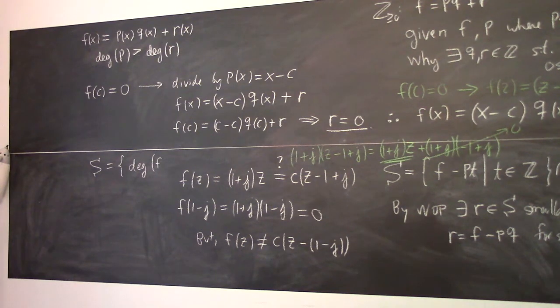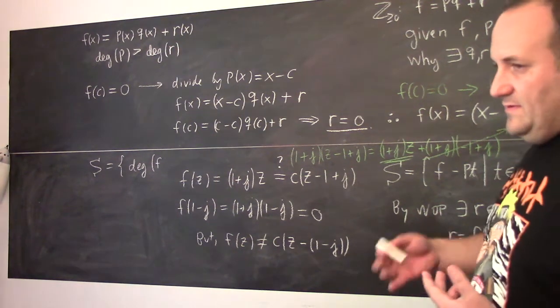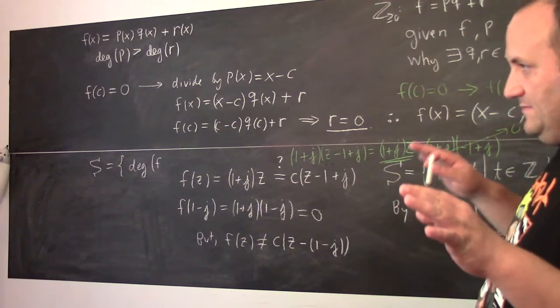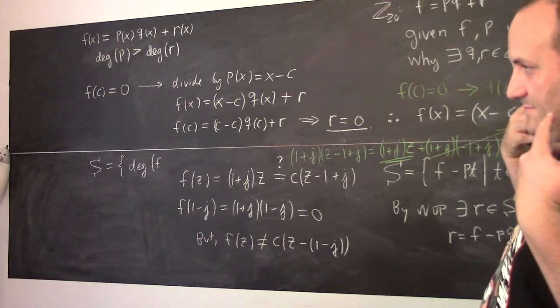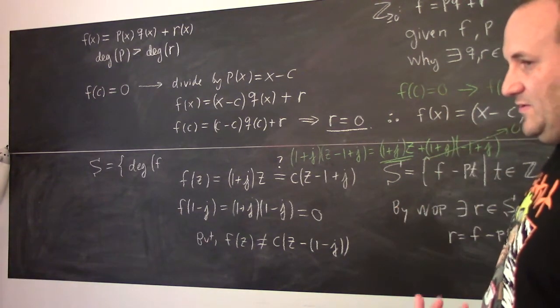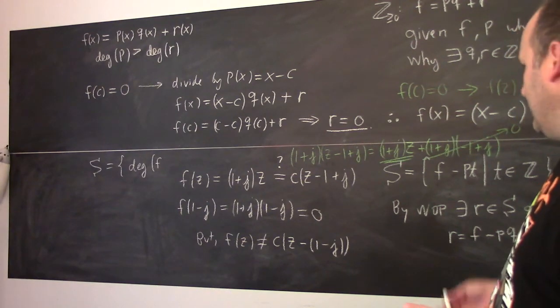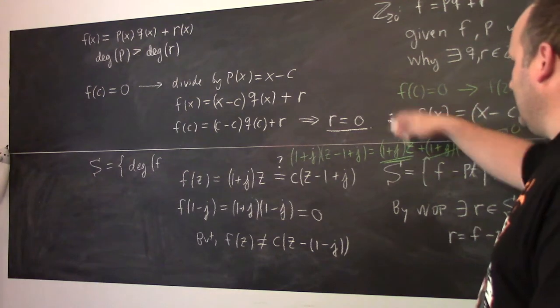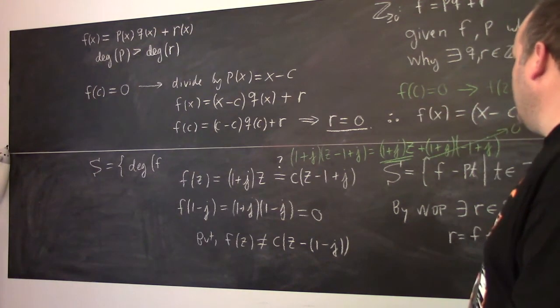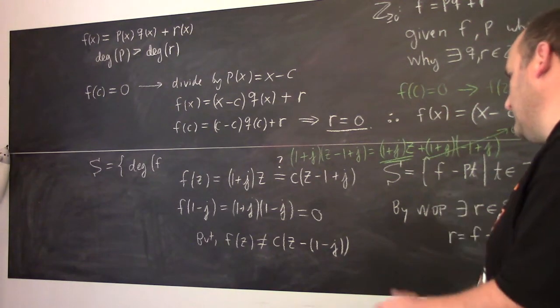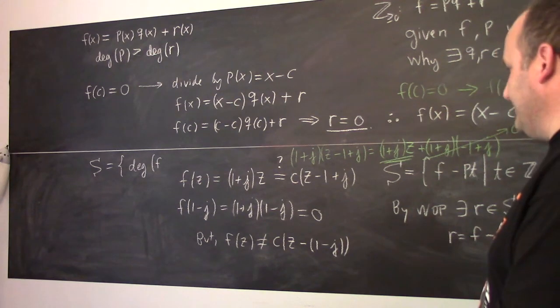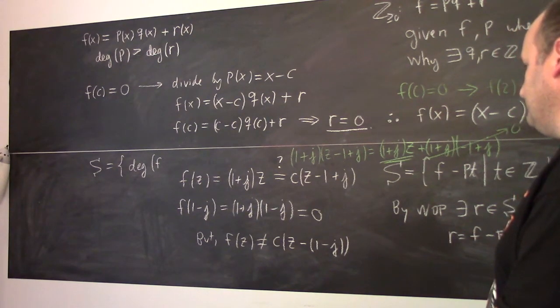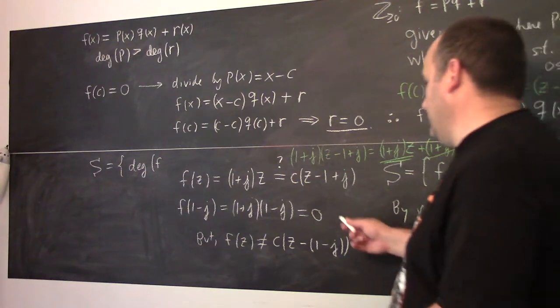If this was going to cast doubt upon the factor theorem, this doesn't help us because there is a factor corresponding to c being 1 minus J.